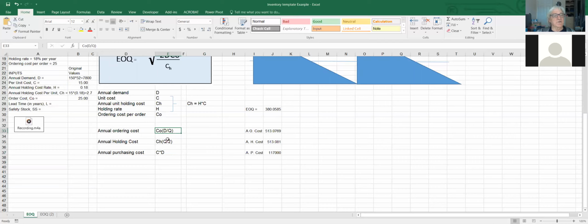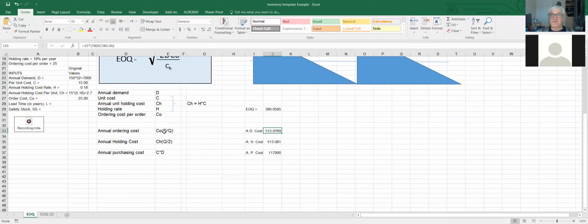Now comes the ordering cost per year. For each order, you pay C sub O dollars. In our case, take a look here, $25. Then you multiply it by the number of orders per year.